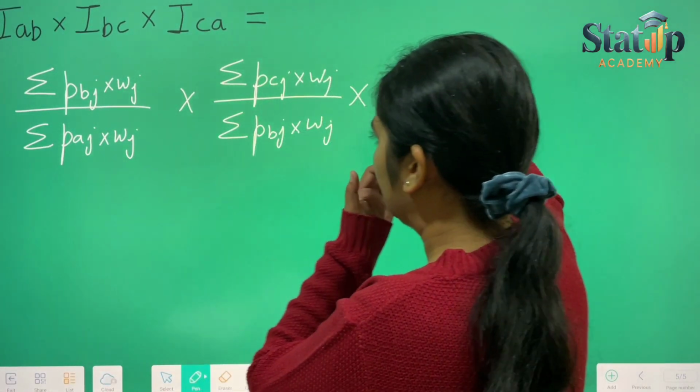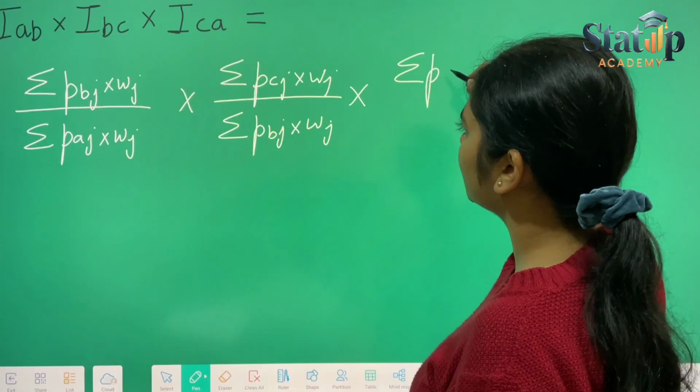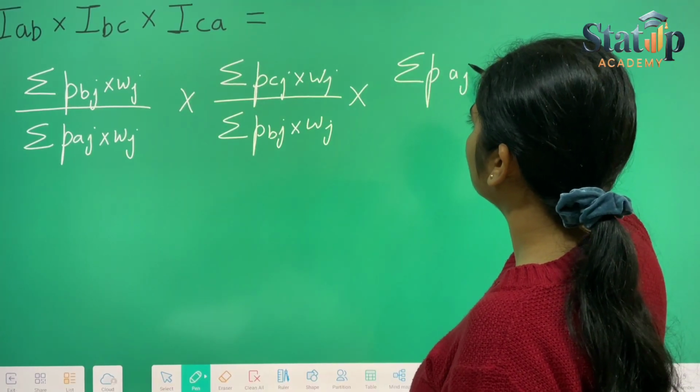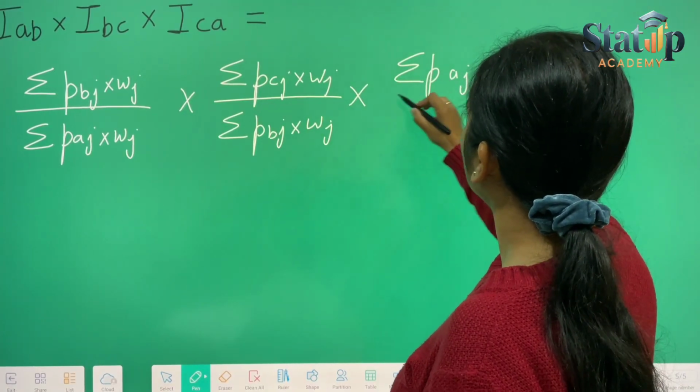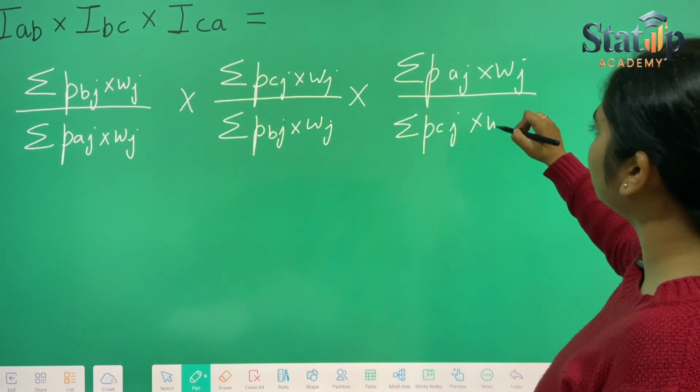Then again multiplying it, summation PAJ into WJ upon summation PCJ into WJ.